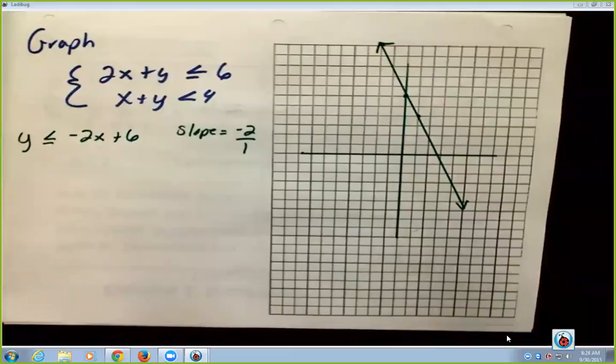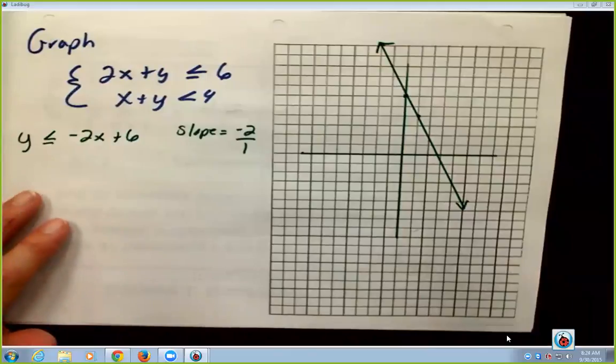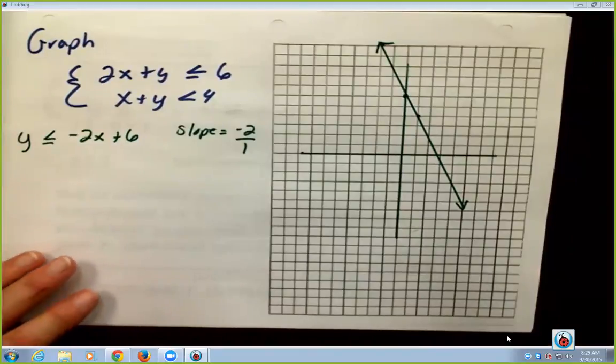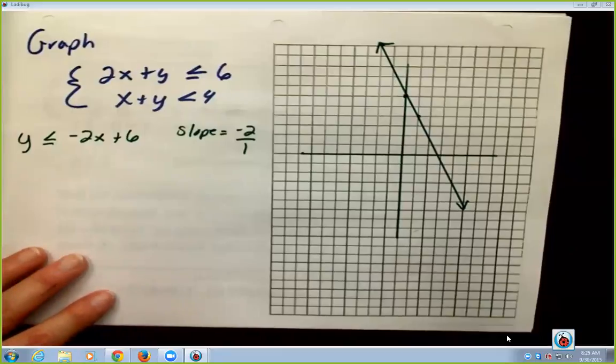Then I need to go and figure out what side's shaded. So what side would you guys shade? So if we're going to shade it, what would get shaded? Shade below the line?